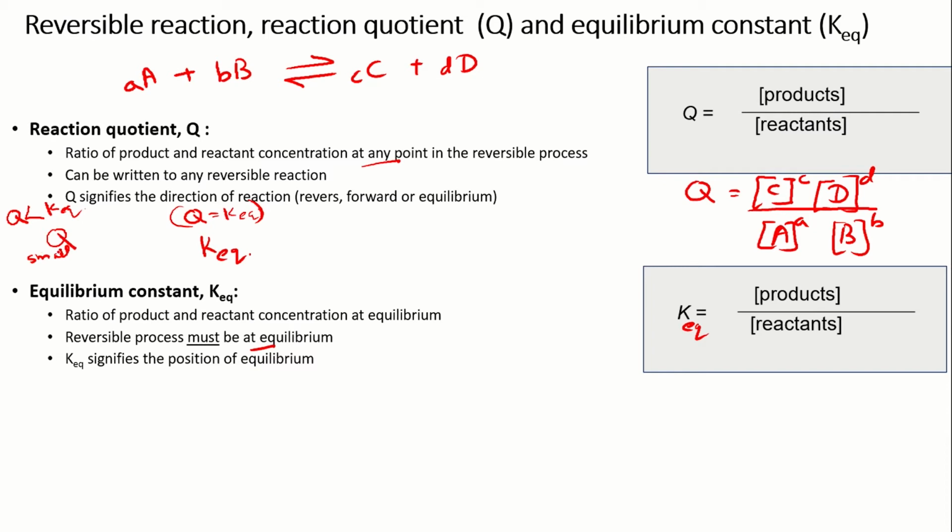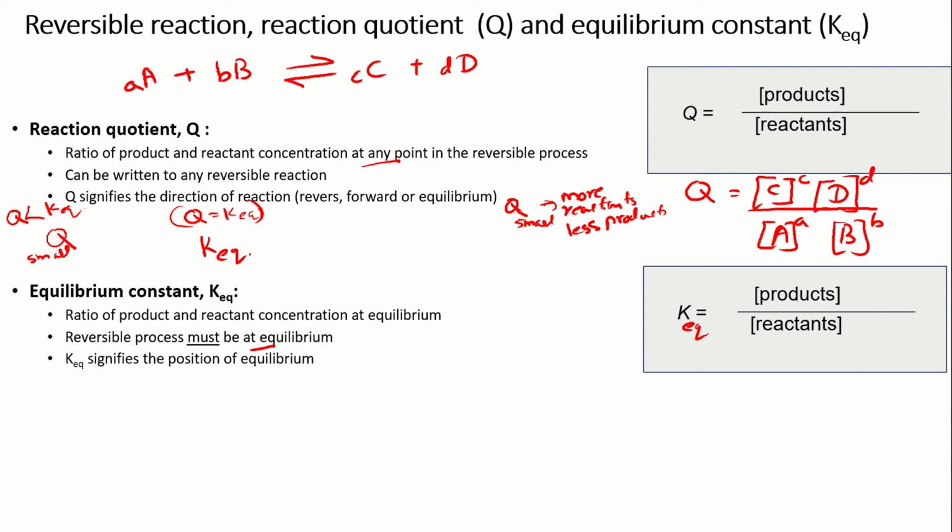If you get a small number for the reaction quotient, what does it mean? If you get a smaller number as the answer for this ratio, that means you have more reactants and fewer products. That kind of ratio will result in a smaller q.